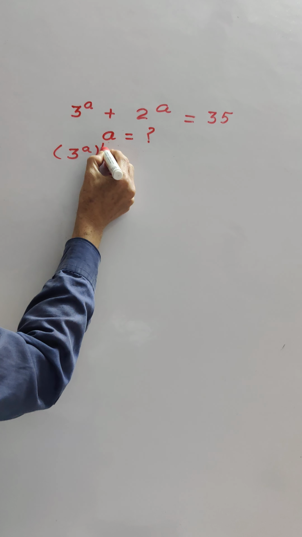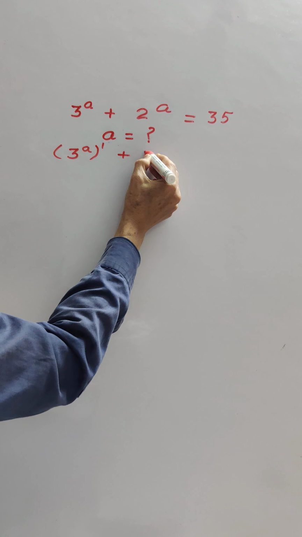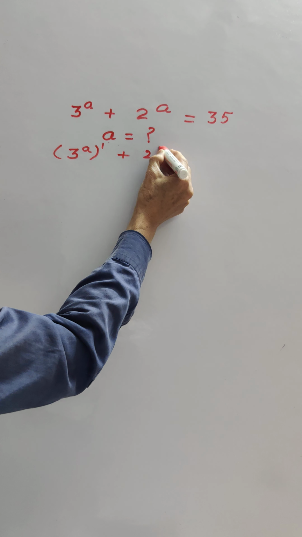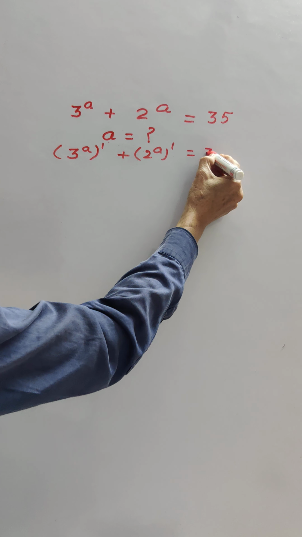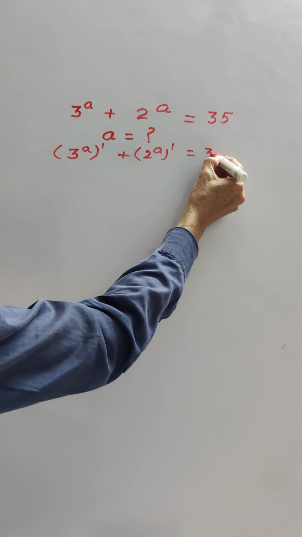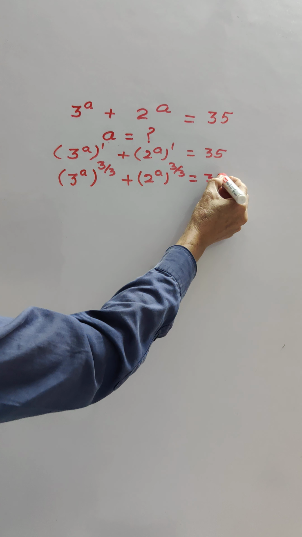power a power 1. Similarly 2 power a को हम ऐसे लिख सकते हैं 2 power a power 1 is equal to 35. Now this 1 can be written as 3 power a power 3 upon 3 and this 2 power a power 3 upon 3 is equal to 35.